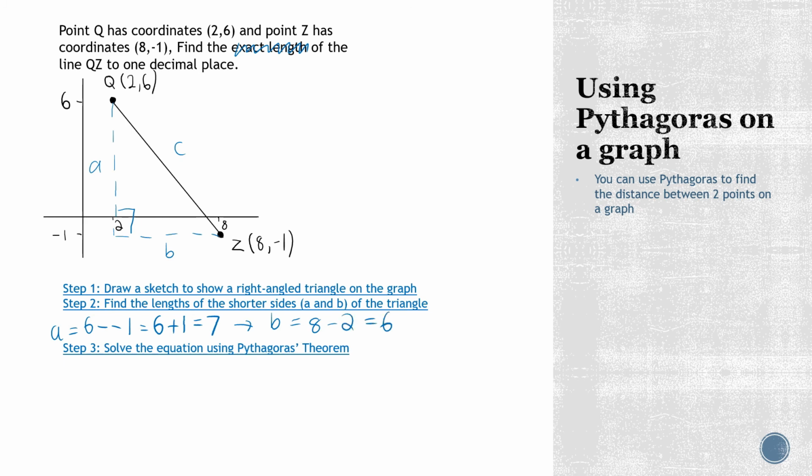So now we get to step 3, solve the equation. So we know A squared plus B squared equals C squared. I'm starting to sound like a broken record with that equation, but it's vital, so remember it. So substituting the numbers in, 7 squared plus 6 squared equals C squared.